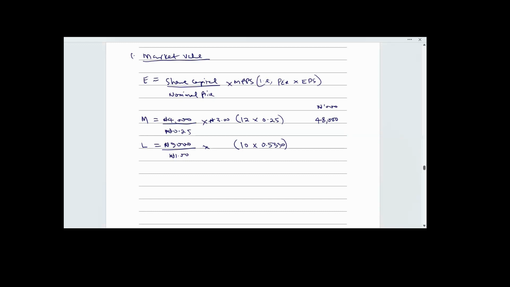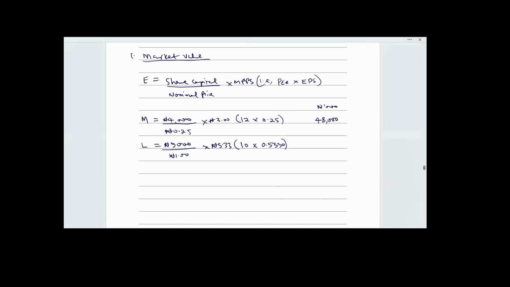Okay, so let's find the answer. 10 multiplied by 0.533 is 5.33.